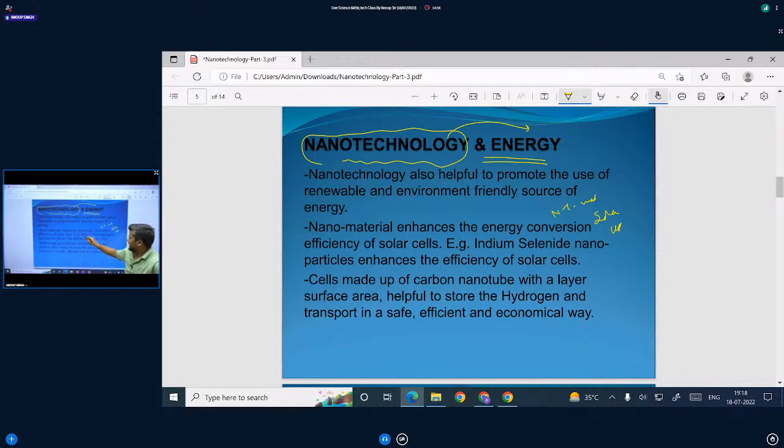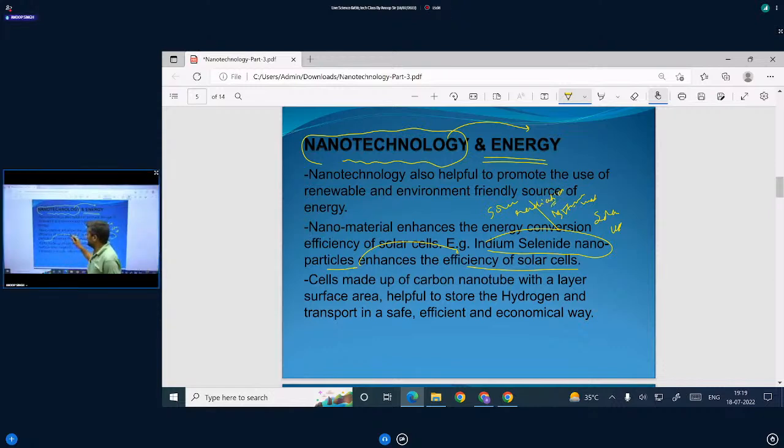For example, indium selenide nanoparticles. This helps the efficiency of solar cells, because solar cells made up of this particular nanomaterial have a large storage capacity. They can attract more heat, more solar radiation.